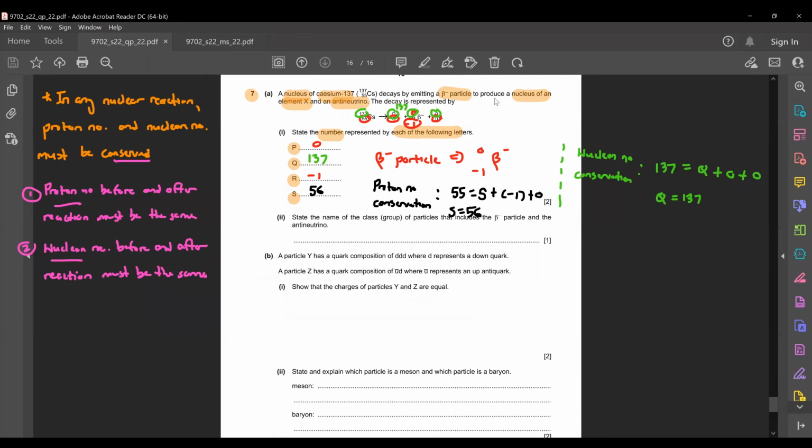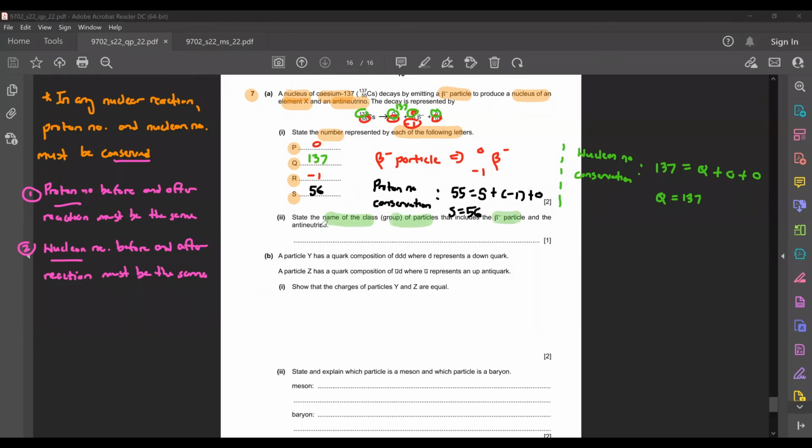For the next part of the question, state the name of the class or group of particles that includes the beta minus particle and the antineutrino. This one we know is going to be our lepton. All right, because if you're talking about beta minus decay, a neutron changes to a proton, giving you your beta minus particle and your electron antineutrino.